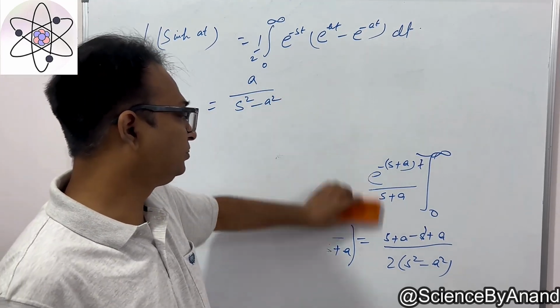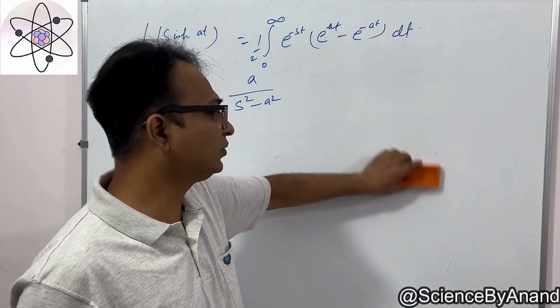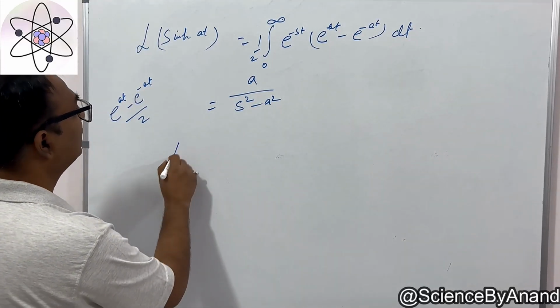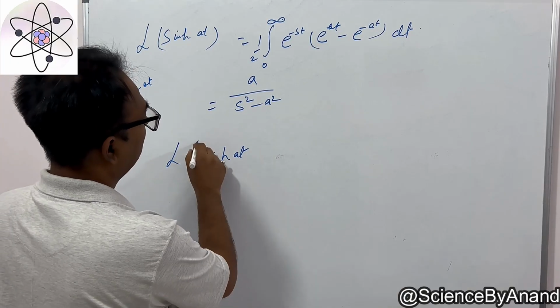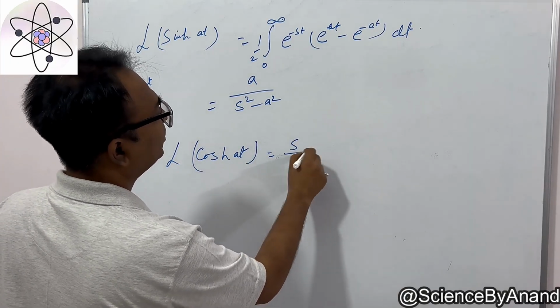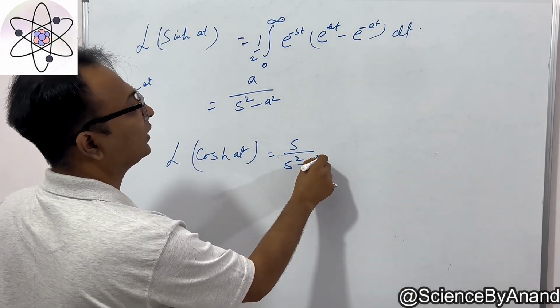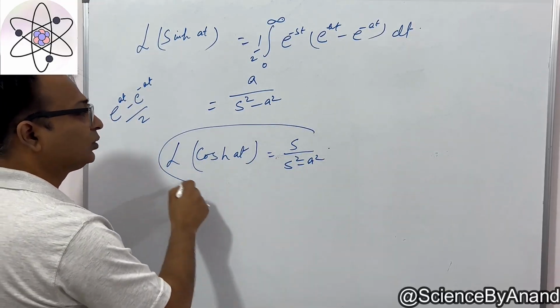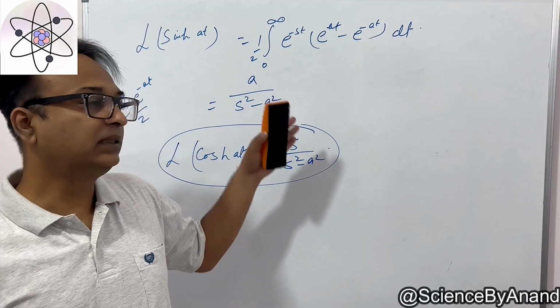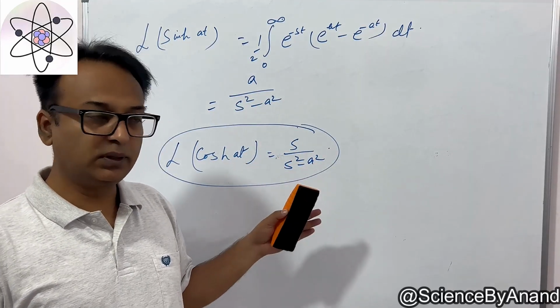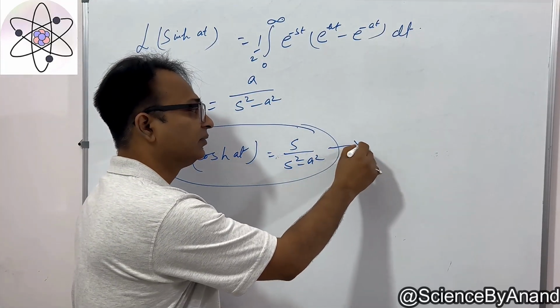Similarly, Laplace transform of cos hyperbolic at is equal to s by s square minus a square. This I leave to the students. Revise the chapter, see these things from your textbook and do this by yourself.